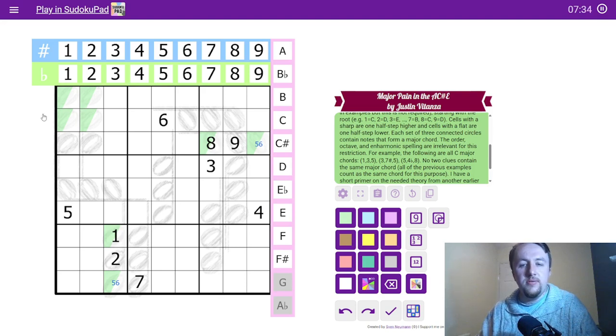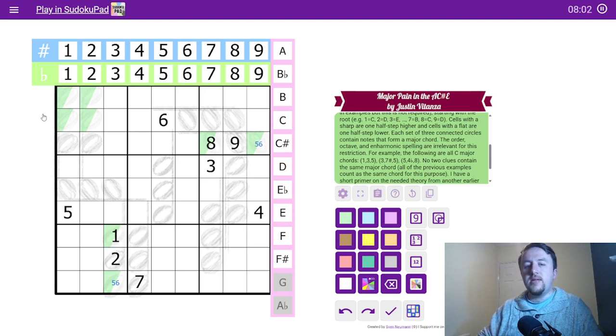It must be something to do with this box. So 1 and 2, whatever has the 1 on it. Let's think about that one. What can 1 have on it? There's basically almost any chord could have a 1 on it.